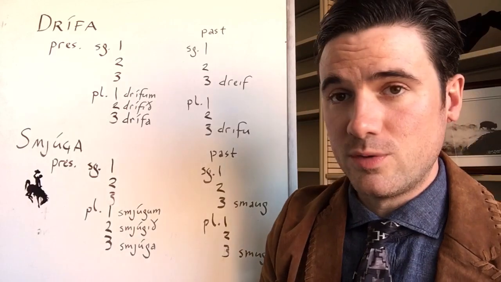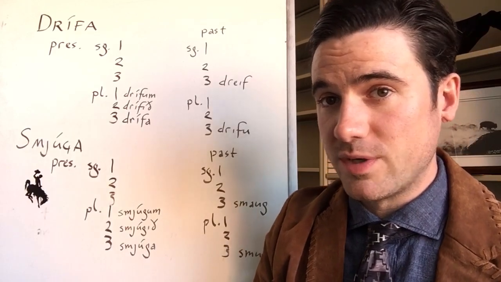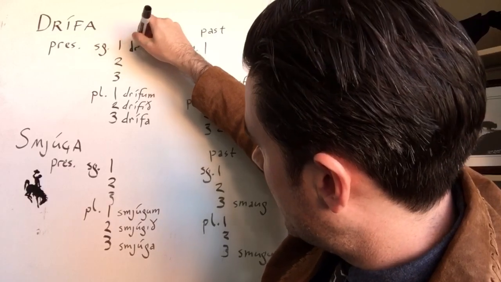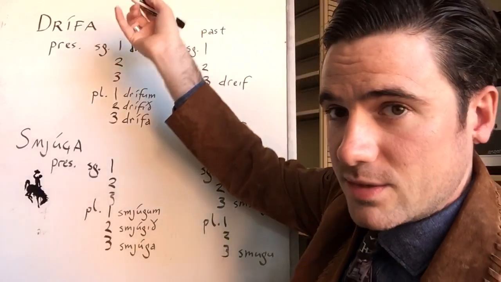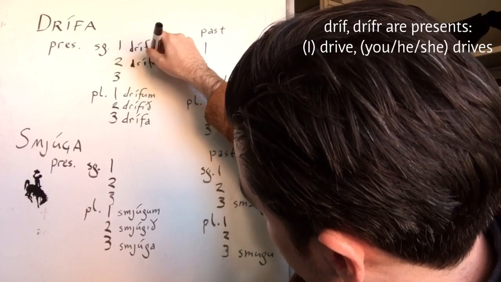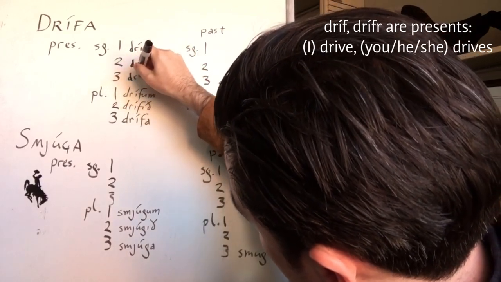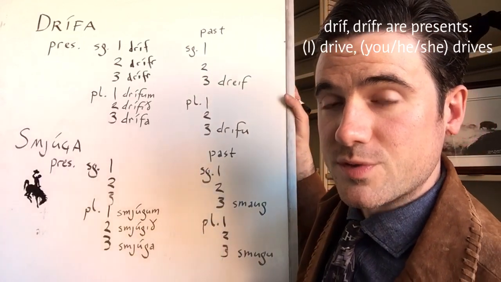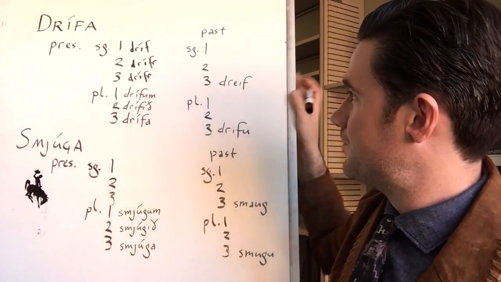It's not going to have i-umlaut because long í is a front vowel already. It's not going to be fronted by i-mutation. So you know that it's just going to be ek drífr, I drive, þú drífr, you drive, hann drífr, he drives, so like gefa without i-mutation.